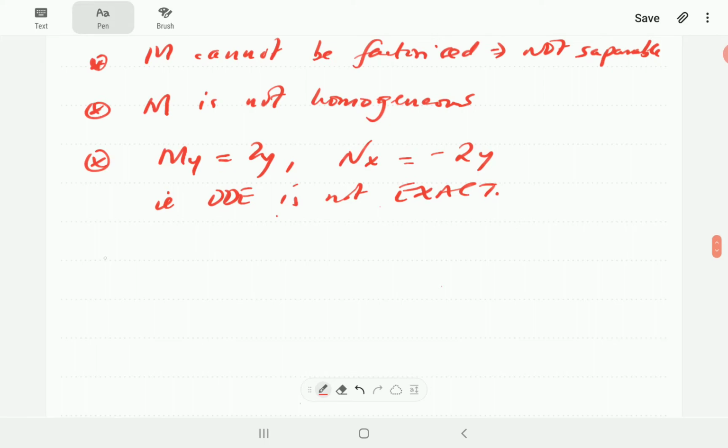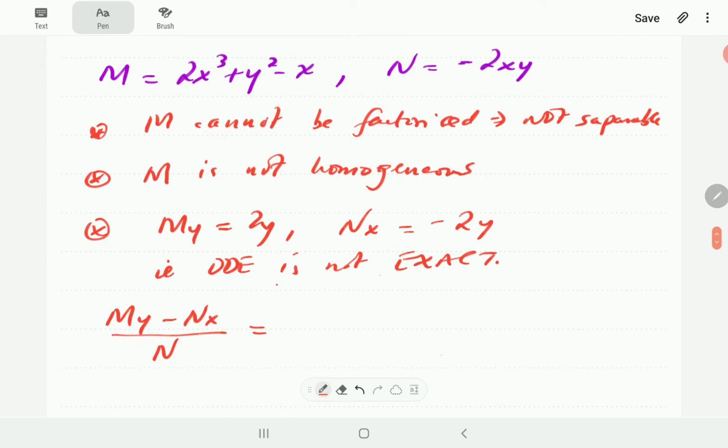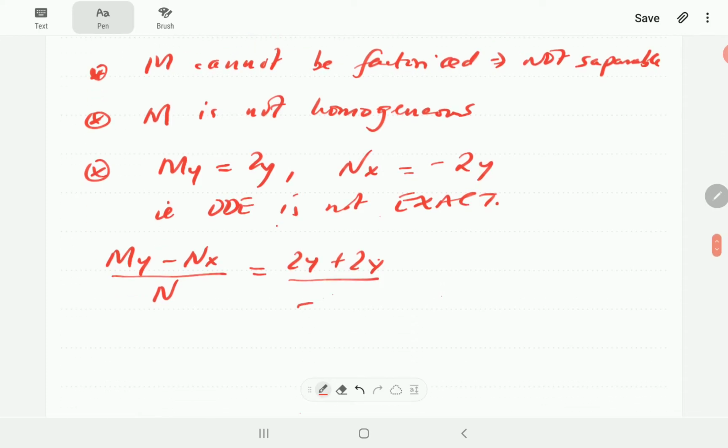So first we're going to try My minus Nx all divided by N. So My, we've already said, is 2y, and then minus Nx, so that's going to be plus 2y because it's negative. Then N is negative 2xy.